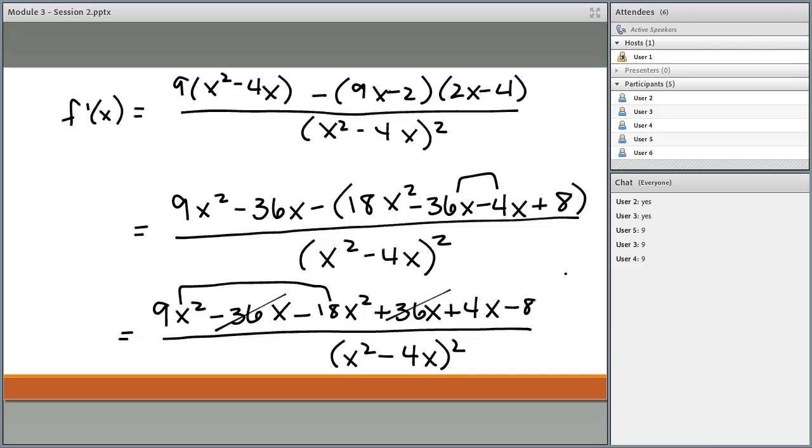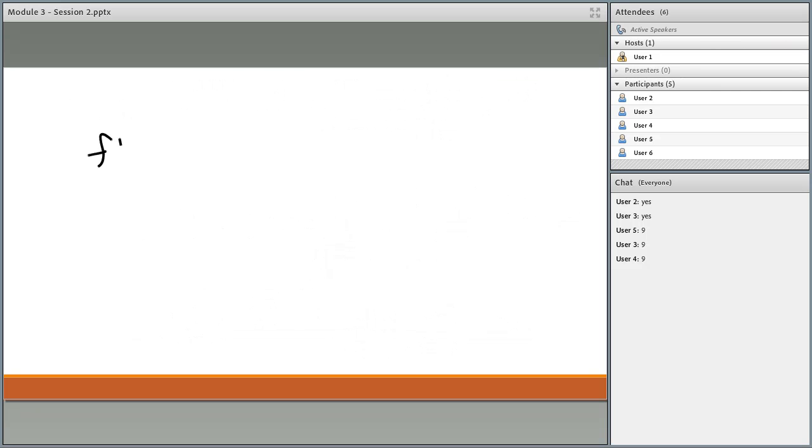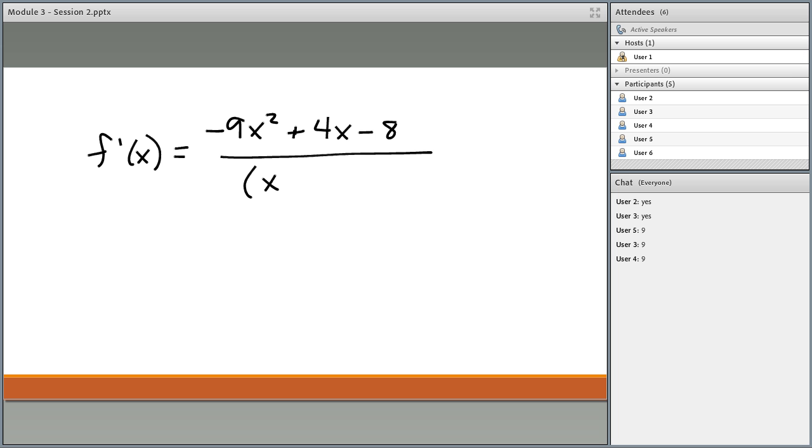So let me go to the next page. So I get that the derivative is negative 9x squared plus 4x minus 8 all over x squared minus 4x and the whole thing squared.